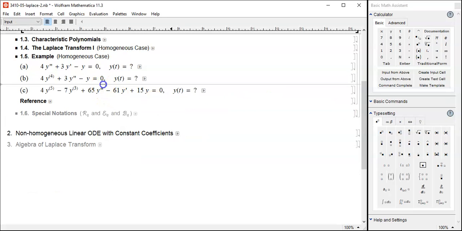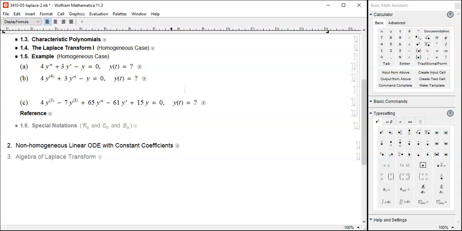Okay, how about the next problem here? This one is a little bit harder in the sense that we have higher order, but that should not be too much of a problem.